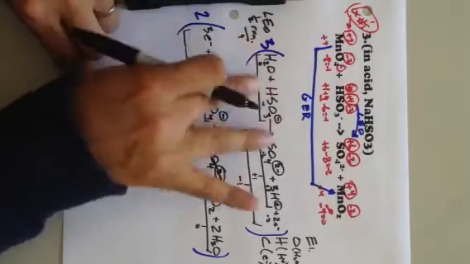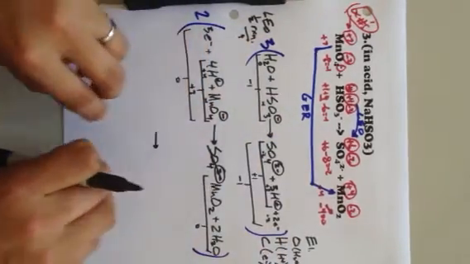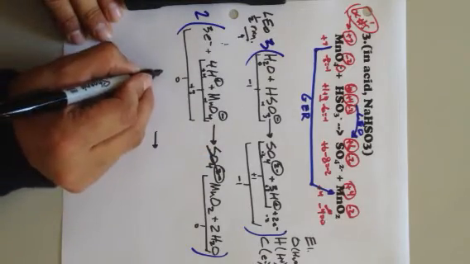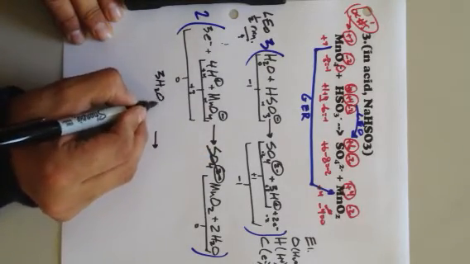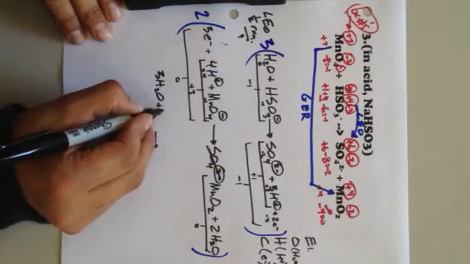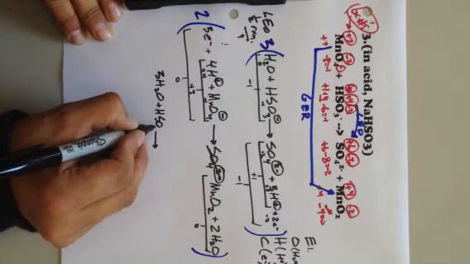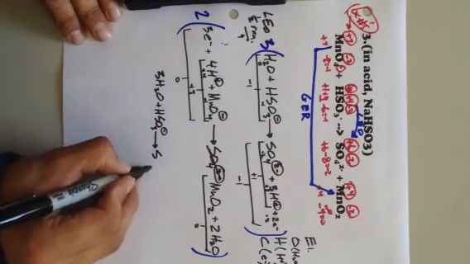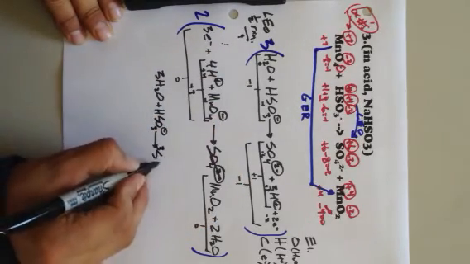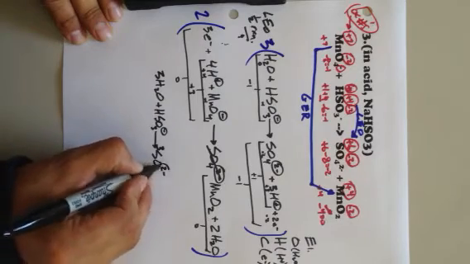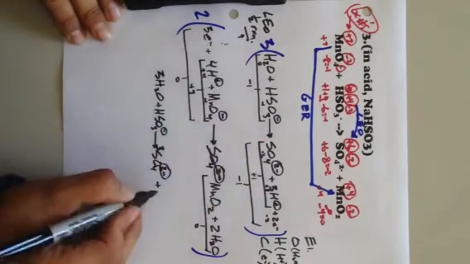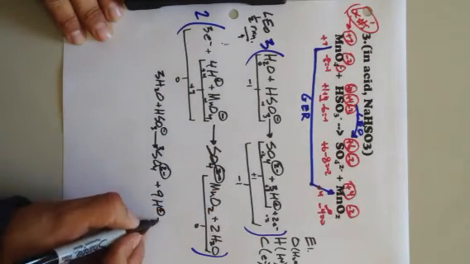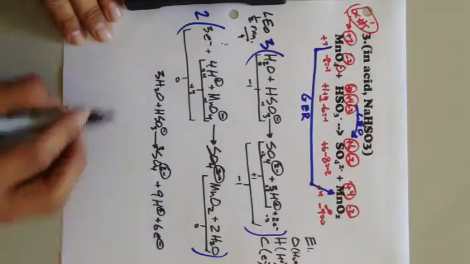I like to just do the math and then put it all here and then let the dust settle at the end. So we've got 3H2O plus 3HSO3 minus goes to 3SO4 2 minus, plus 3 times 3 is 9 H+, plus 3 times 2 is 6 electrons. Very nice.